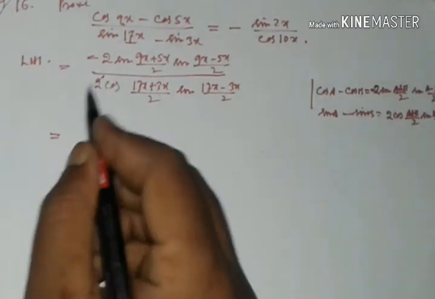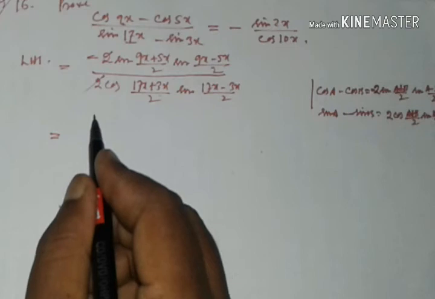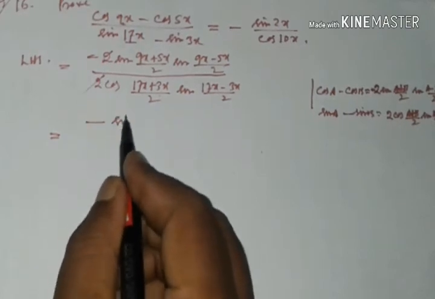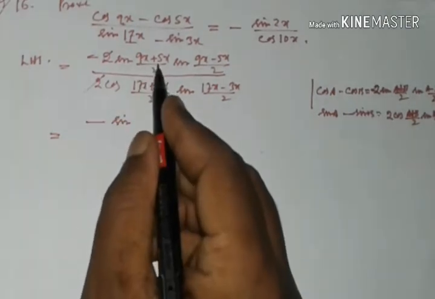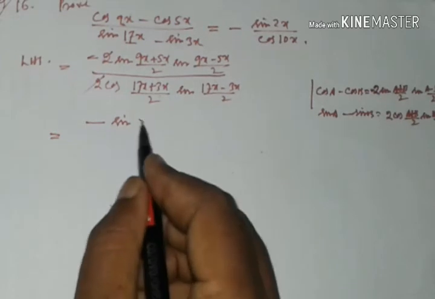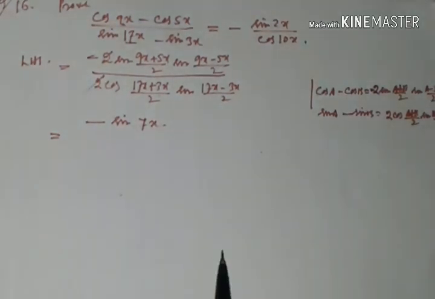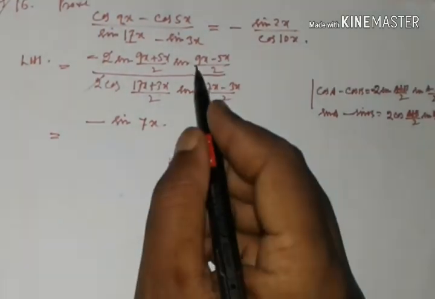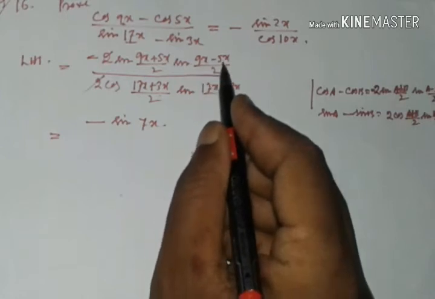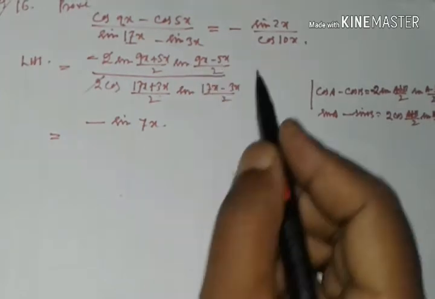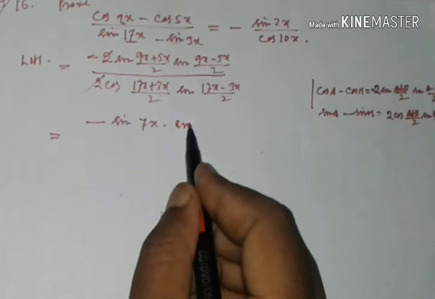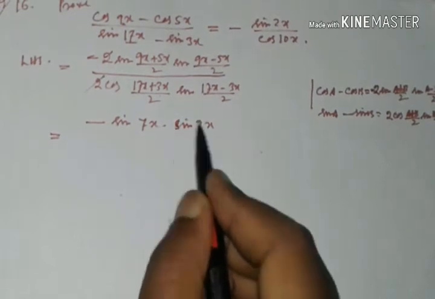Therefore we can cancel 2 and 2. This is minus sin (9x plus 5x), that is 14x divided by 2, which is 7x, and sin (9x minus 5x), 4x divided by 2, which is sin 2x.